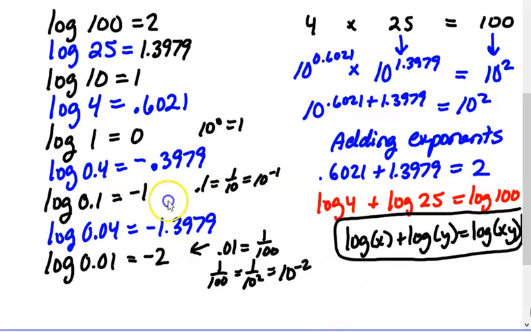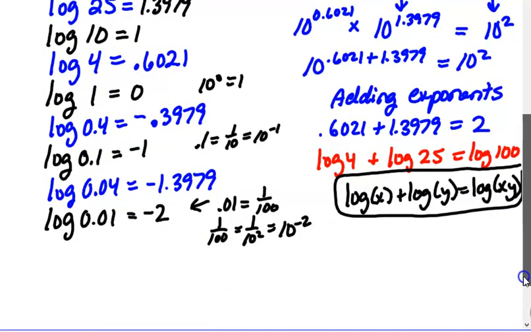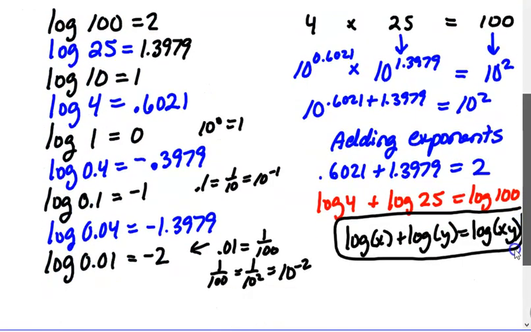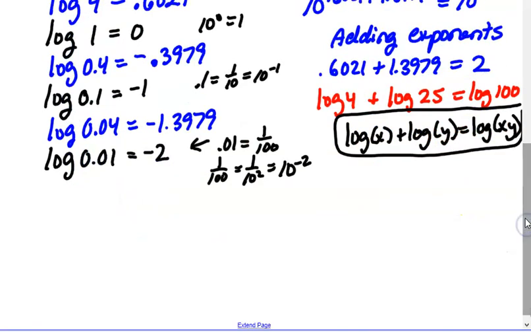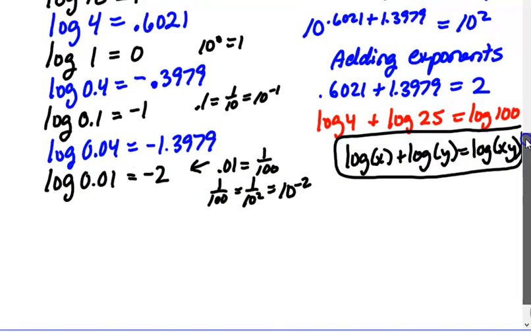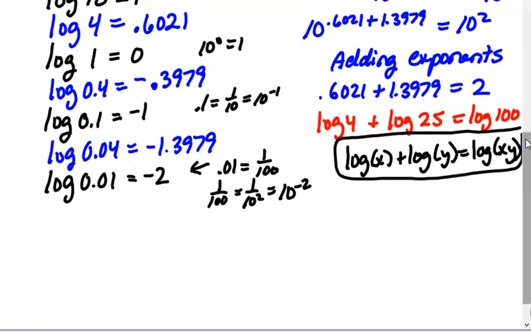You can see this with several other examples. If we were to do a couple of others, just kind of look at these. So how do we get 0.4? Well, we would multiply 4 times 0.1. Okay, so let's try that one. So if we do 4 times 0.1, we get 0.4.